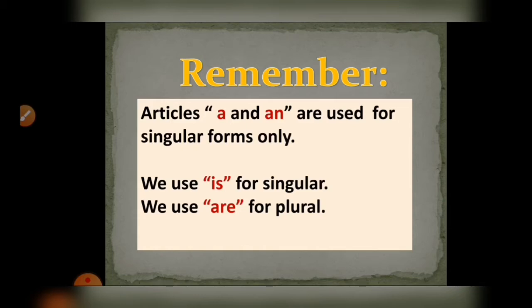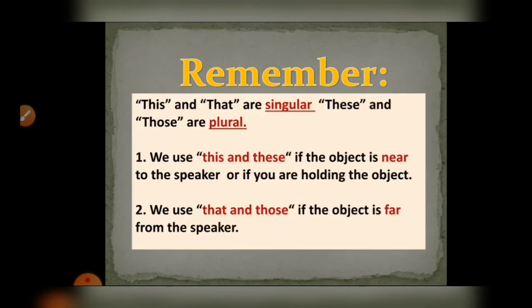For example, you and me. So I will use the word we. So we are standing. We use are because there are 2 people. So it's me and you. Okay, so that's how we use is and are.